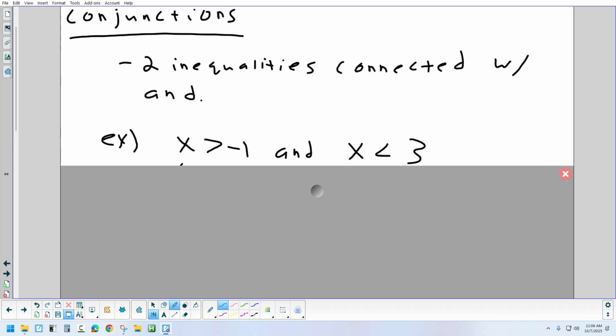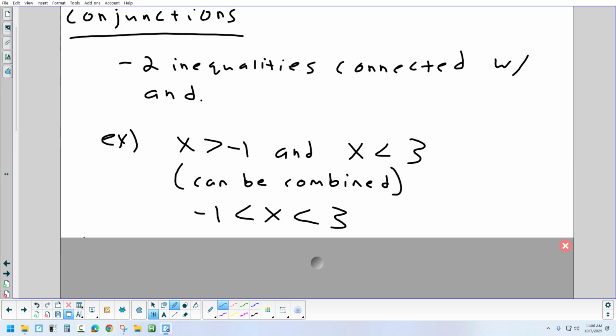So a lot of times when you have a conjunction, they shorten it by doing this. They put the variable in the middle, smaller number on the left, bigger number on the right, and both inequalities point to the left. When I say point, I mean like the point of the arrow.